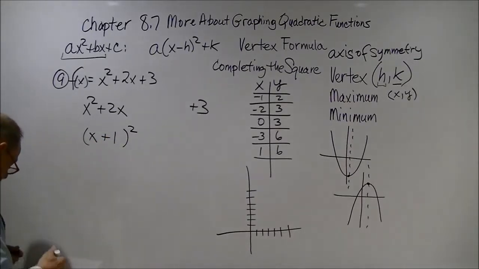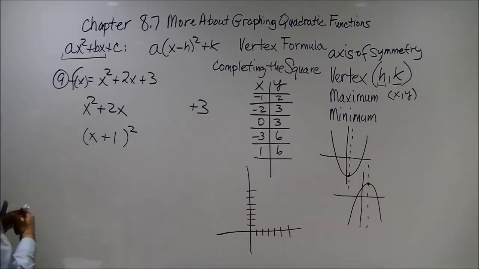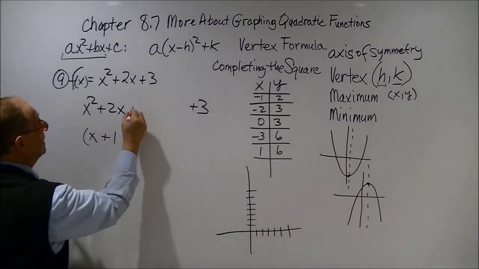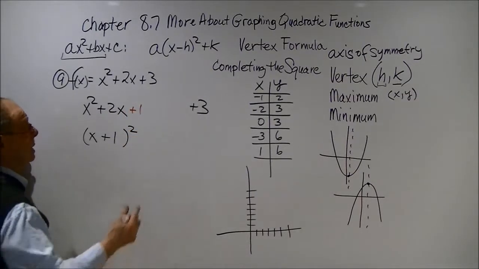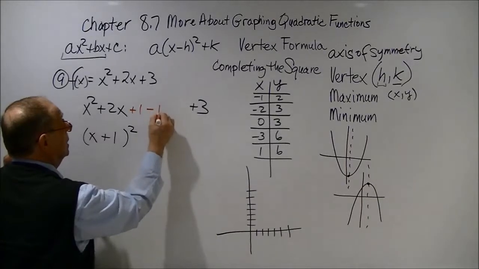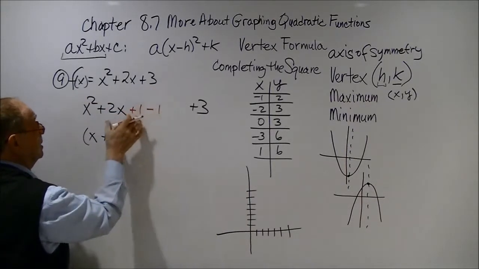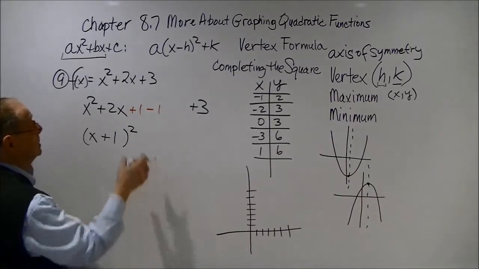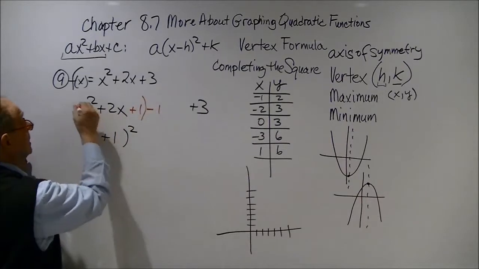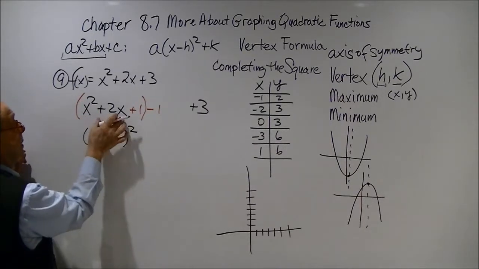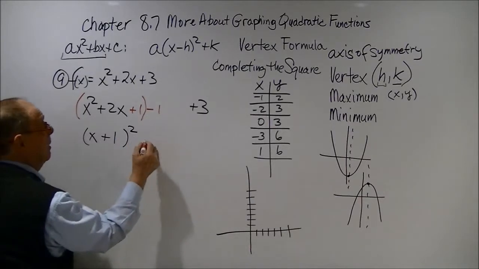We're now going to square the 1, and this gives us a plus 1 here. But according to our technique, we're also going to put a negative 1. Now again, this is exactly the same as this. We haven't changed any values. We're just using this technique. We then put a parenthesis here, factor this into that, and we now have this.